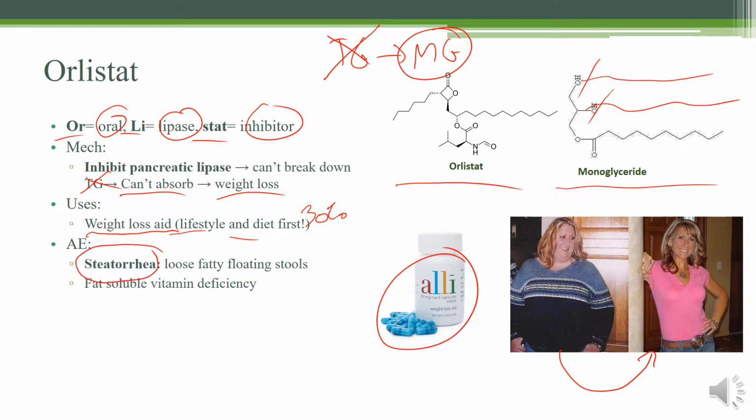That just means fat running in your stool, and it's going to be loose fatty stools that are floating in your toilet bowl. You could also get fat soluble vitamin deficiency, and these vitamins are pretty much anything but the B and the C vitamins. So anything but vitamin B's and vitamin C. That's going to be vitamin A, vitamin D, E, vitamin K, and so on.